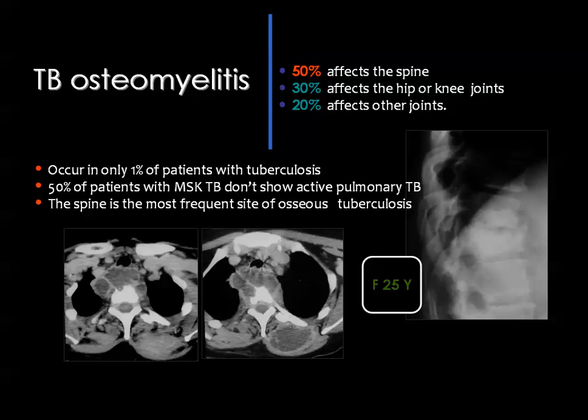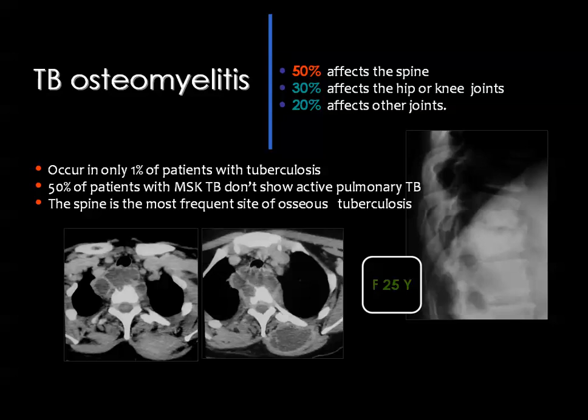But here you can see that there is involvement of the disc space as well as the adjacent parts of the vertebrae above and below. There is destruction and erosion of the vertebral bodies with considerable narrowing of the joint space.